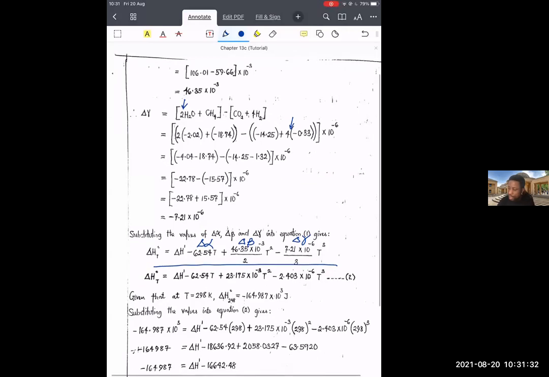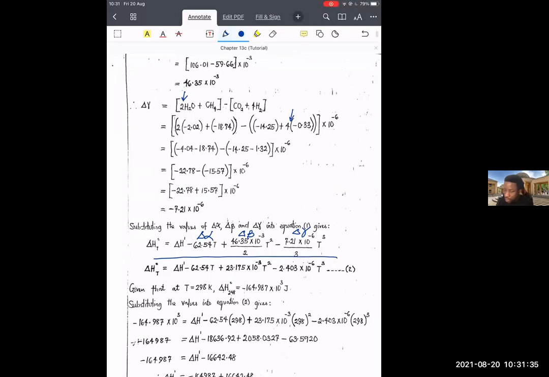So for standard, remember we said once it's for standard temperature, we showed that yesterday, that when you're dealing with standard enthalpy, standard heat of reaction, we use that. So that is for the standard. So we plug in, the T is 298.